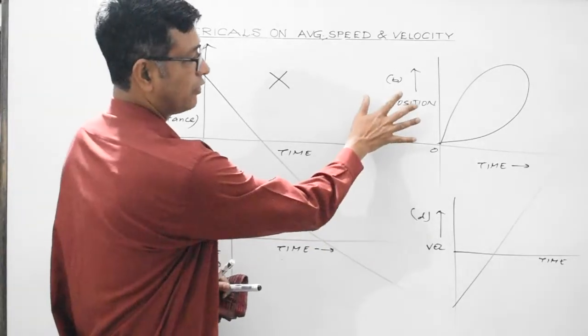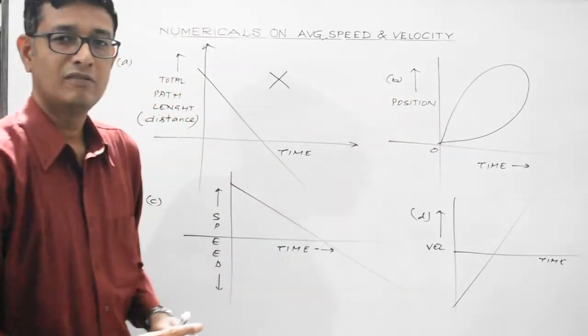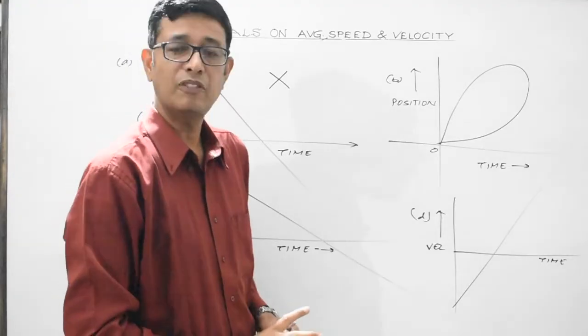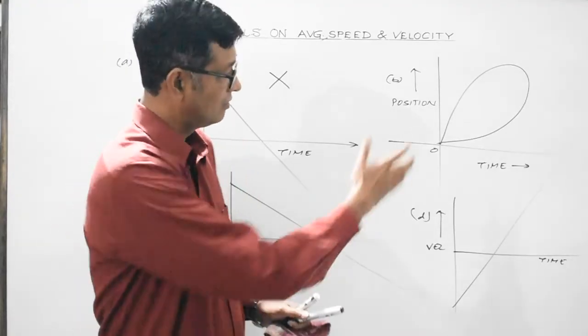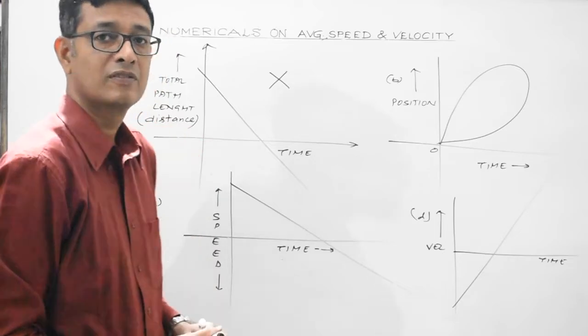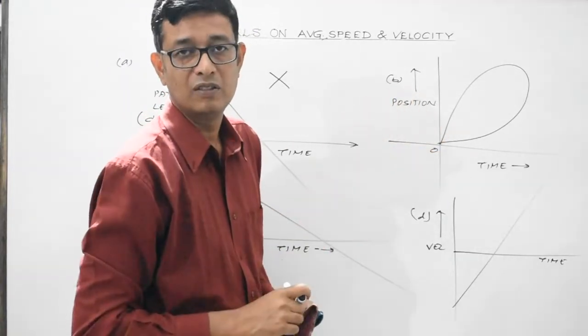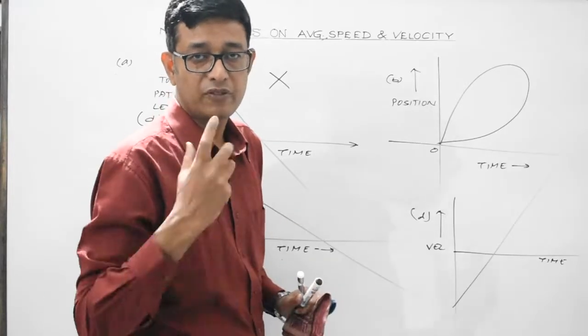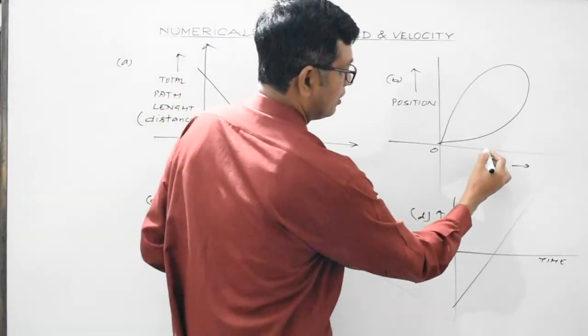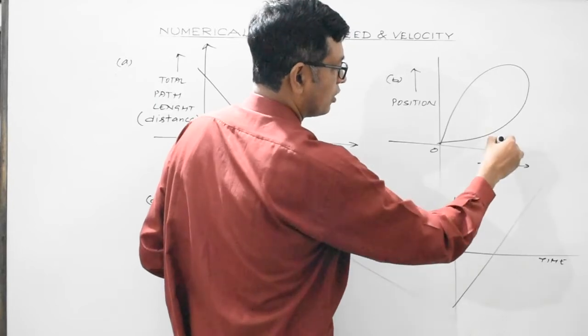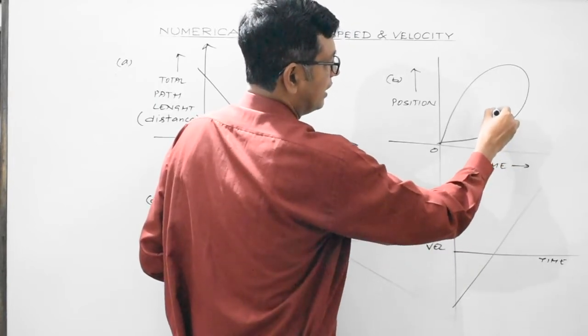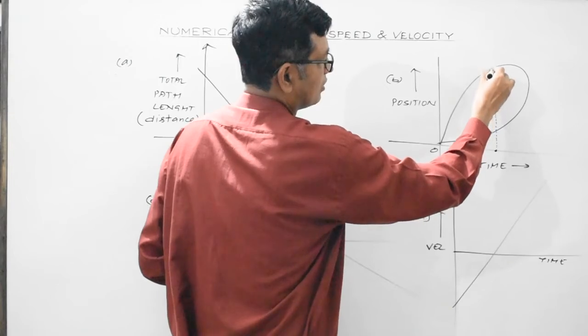Students, it's a graph between position and time. Can you tell me, is that graph possible? Check it. This graph is also not possible. Why? You need to justify it. Look, this is, suppose, a given instant of time. You can draw a line parallel to the position axis or the vertical axis.